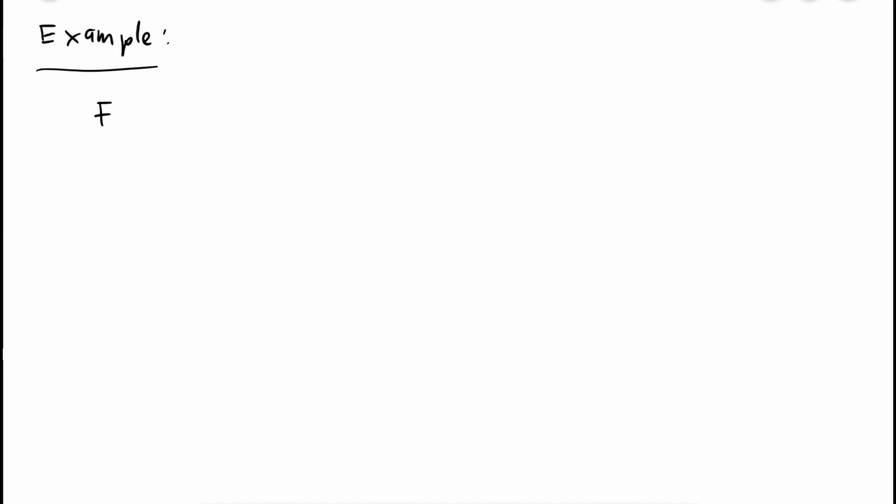So say we have a force field F equal to mg in the j direction. Actually, let's do it in 3 dimensions so that it's a little bit more clear what I'm doing. So this is in the k direction, and I want to, first of all, prove that this is a conservative force.